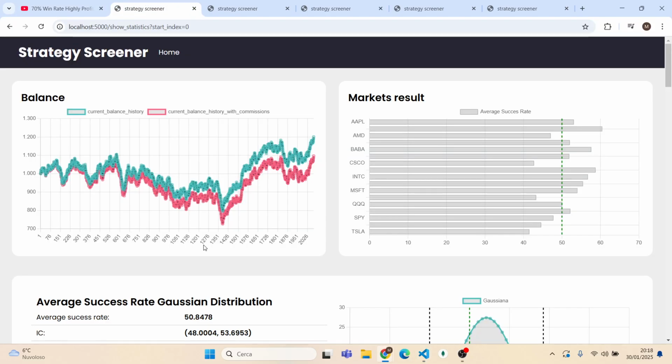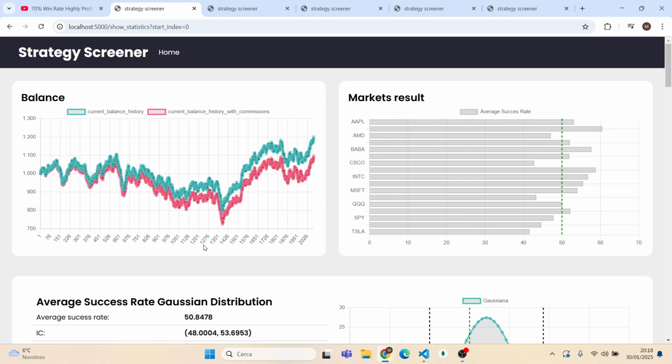Okay, now here we can see the balance of the default strategy. I will leave the link of this video in the description so you can understand how this strategy works. But as you can see, this plot is not equal to the one I put in the thumbnail. It's not so profitable, this strategy.